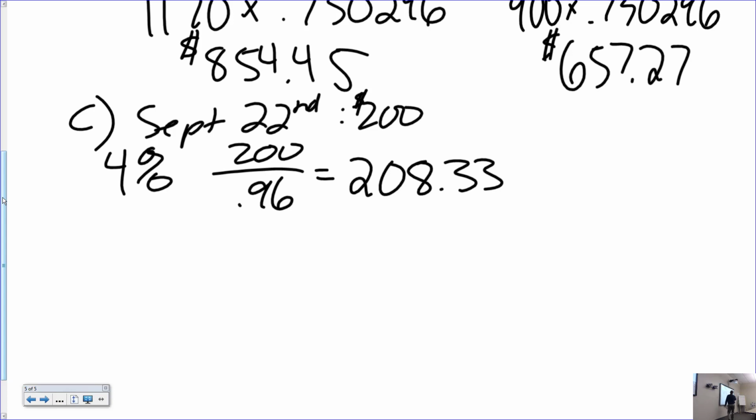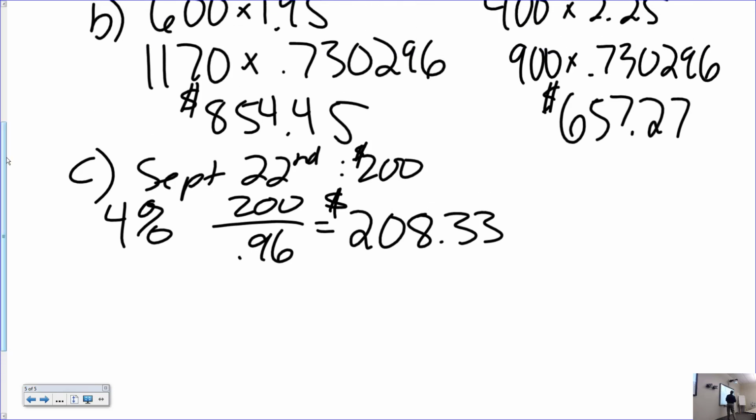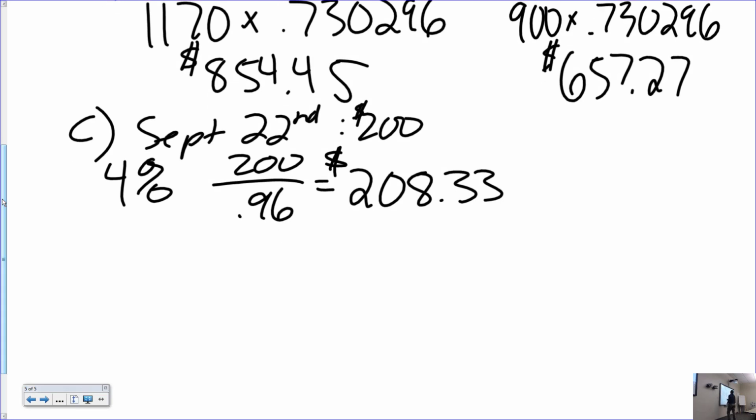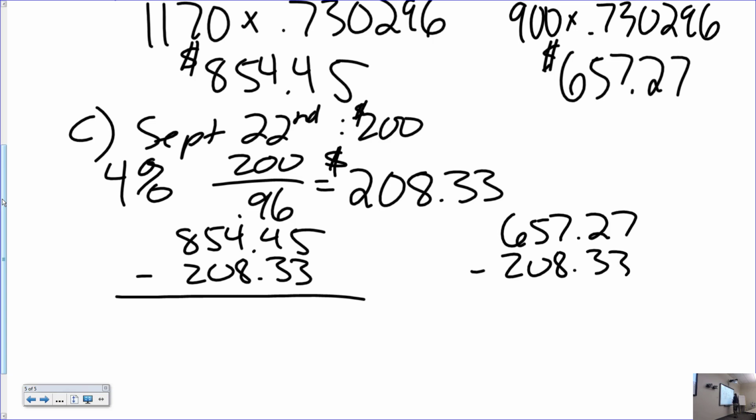Okay. The key though, folks, is that this 208.33, that's the number that you should be subtracting from your net price. So what I was looking for was you guys making sure that you went back to the net price of $854.45 and subtracting 208.33, or the $657.27 and subtracting 208.33.